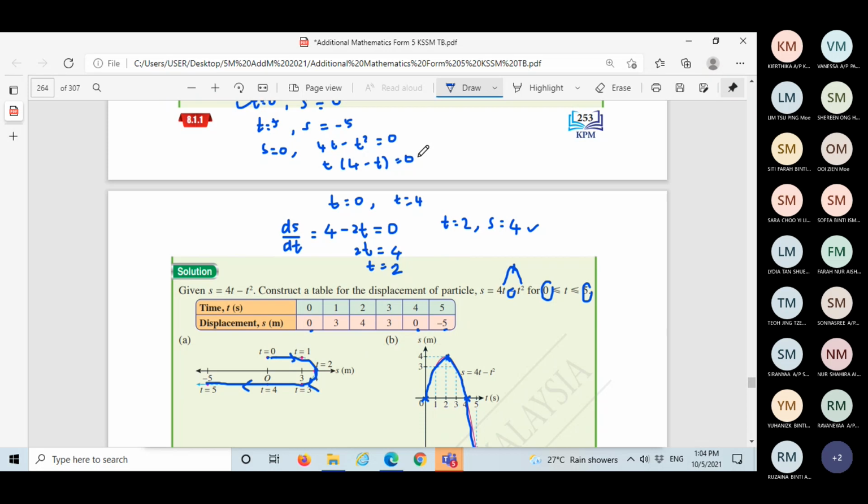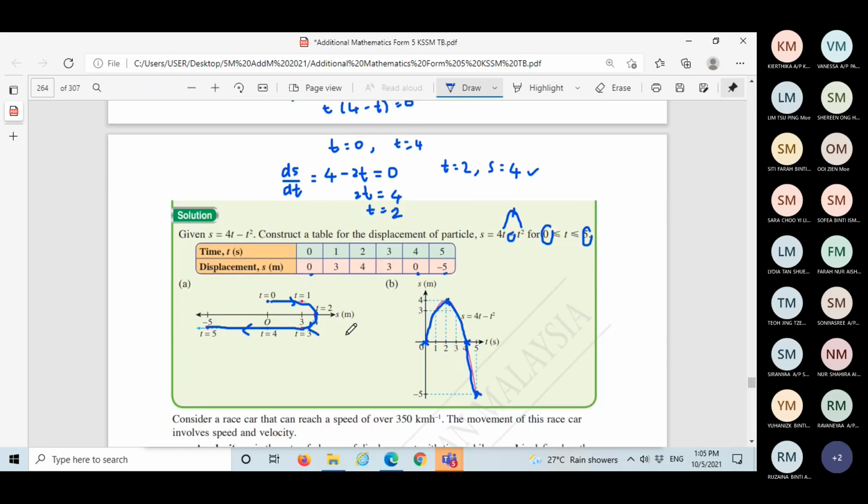And then lastly, the final time when t is 5, s is at -5, which means on the left of the O. If the question asks what is the total distance traveled for this particle from t equals 0 until t equals 5, you see, from here to here, this is 4 meters.